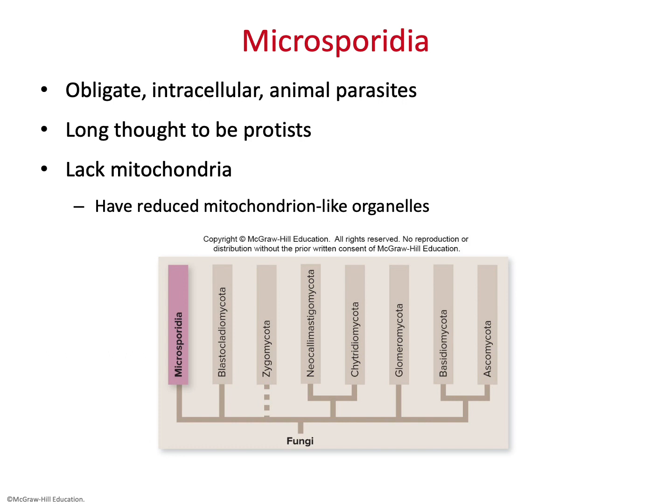This led to the hypothesis that the ancestors of Microsporidia had mitochondria. Microsporidia contain reduced mitochondrion-like organelles. These, together with other evidence, moved Microsporidia from protists to fungi. So that is how Microsporidia ended up in the phylogeny of fungi.